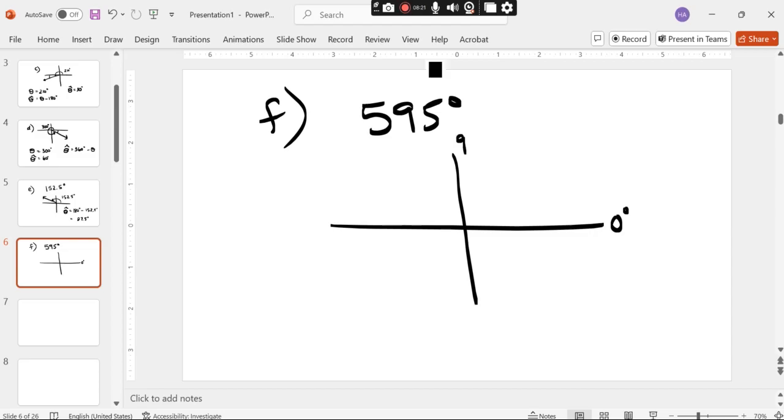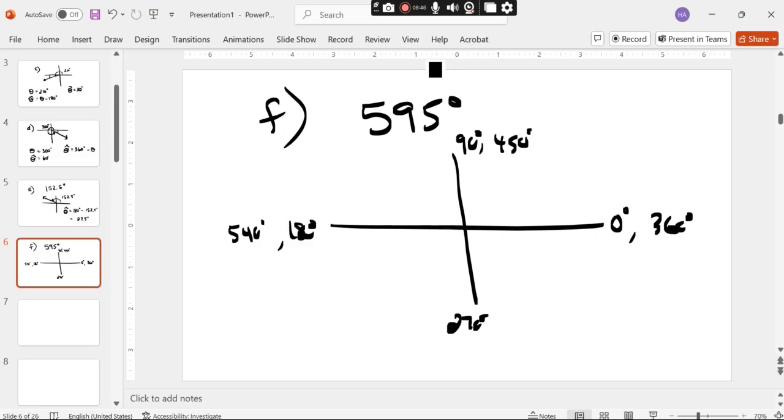So this is 0 degrees. That would be 90 degrees. That's 180. This is 270. We jump to 360. Add another 90 here. What's 360 plus 90? 450. Add another 90. 540. Is that right? The hundreds digit goes up and the tens digit goes down. That's all we do, right?